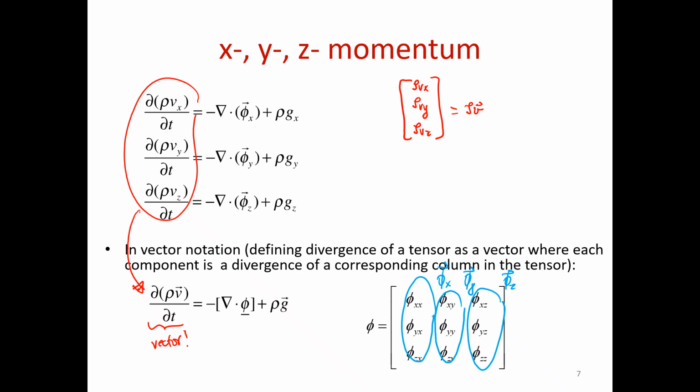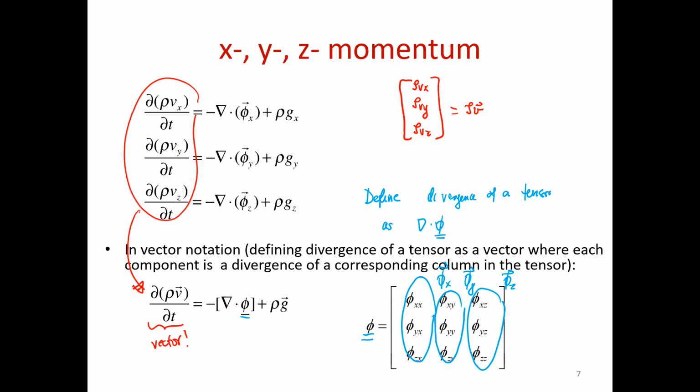So up there, I'm going to simply define divergence of a tensor. Sorry, there was a line missing here.